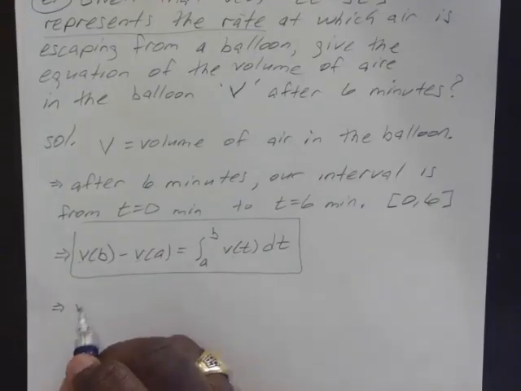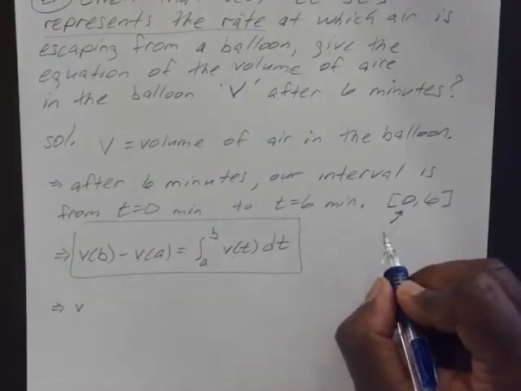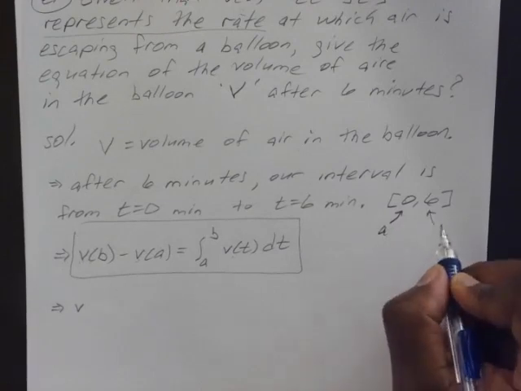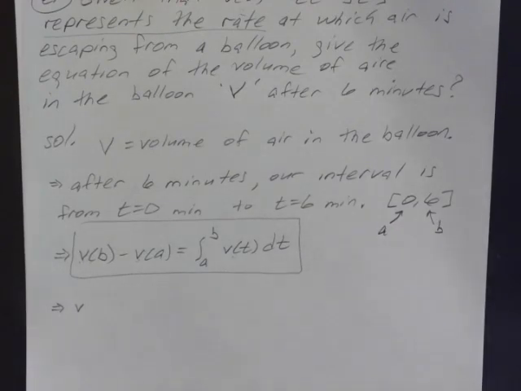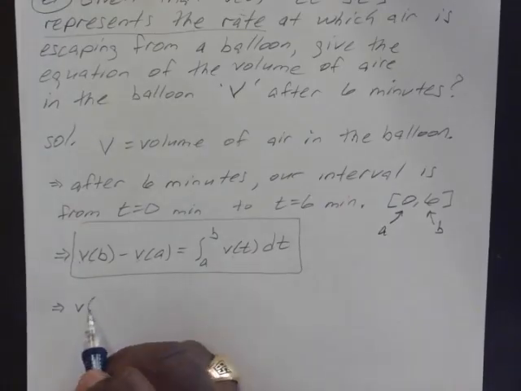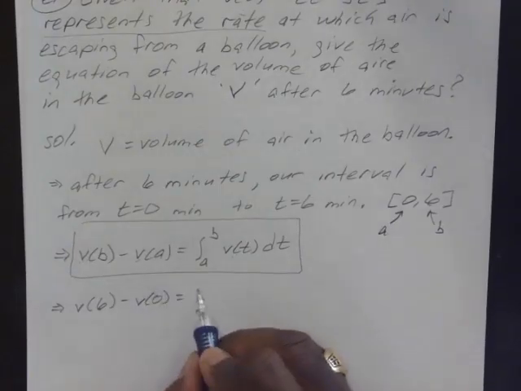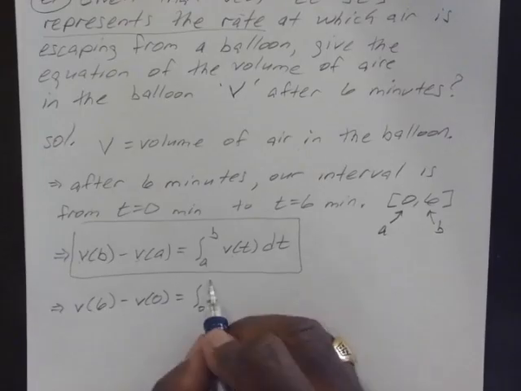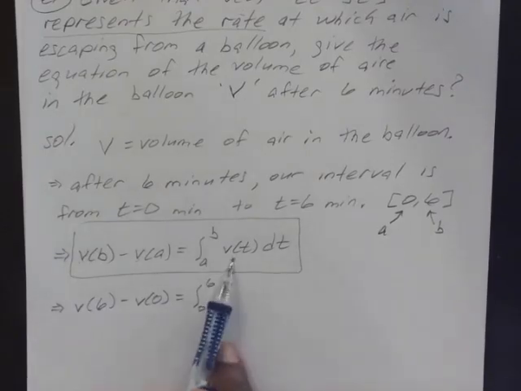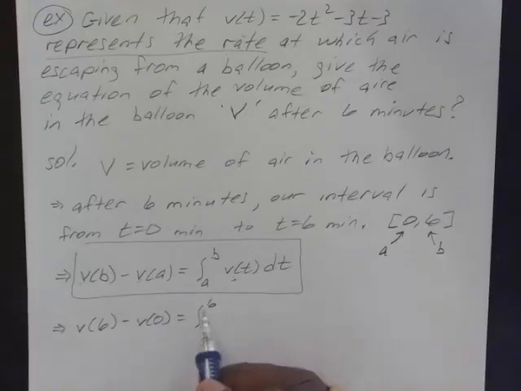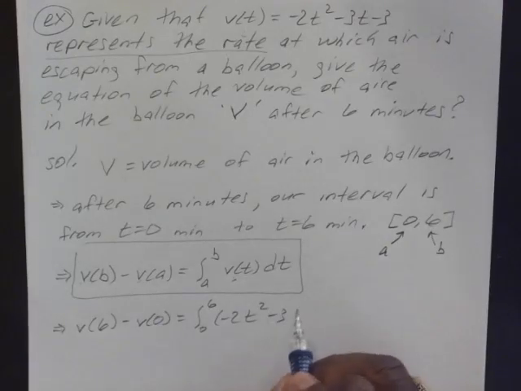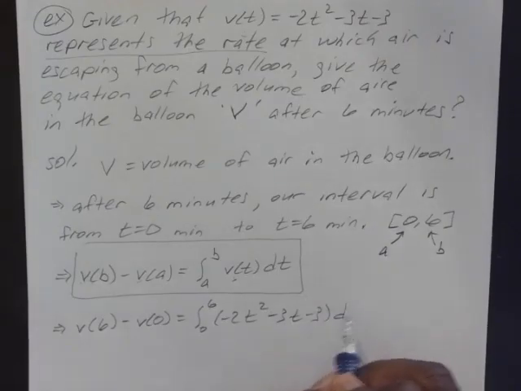Okay, so we know that our interval is from A to B. So A equals 0, B is equal to 6. So we know that V of 6 minus V of 0 is equal to the integral from 0 to 6 of our velocity function, which is -2t squared minus 3t minus 3 with respect to t.